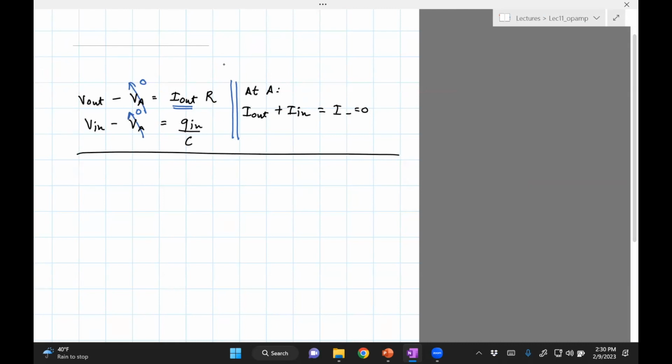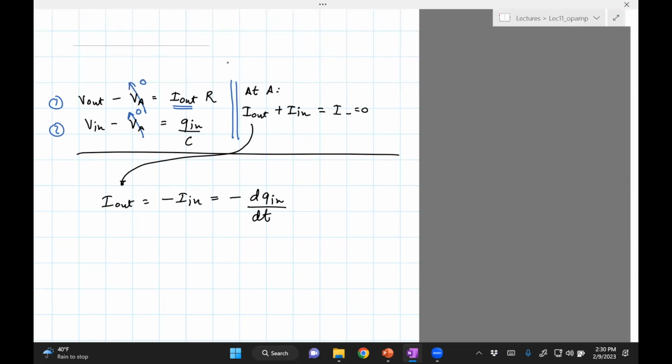From this, let's write I out as negative I in, but I in is dq in dt. Let's call these equations 1 and 2.